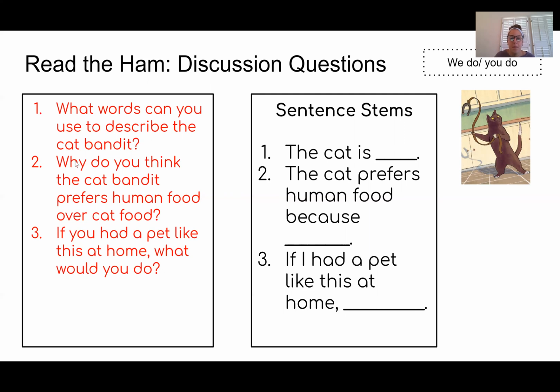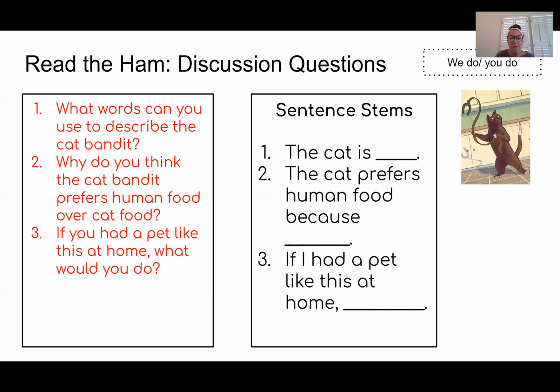Number 2, read it with me. Why do you think the cat bandit prefers human food over cat food? If you need help starting your sentence, you're going to use the sentence stem. The cat prefers human food because blank.